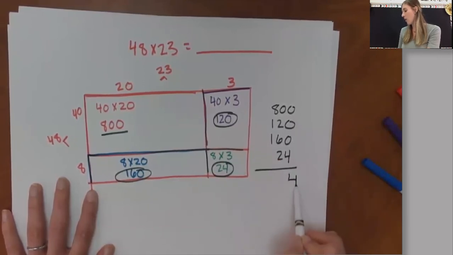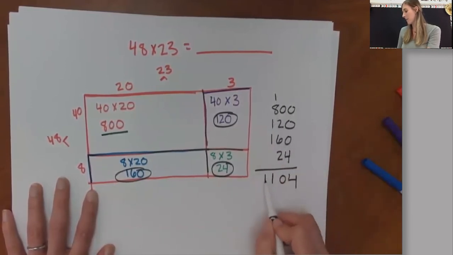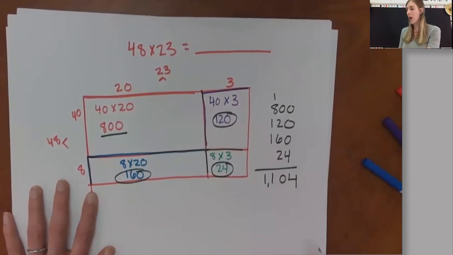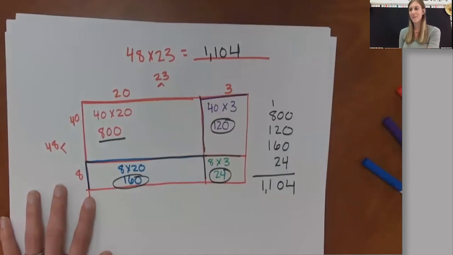And when we add all those up, we get a total area of 1,104. How did you do? Okay, let's do another one.